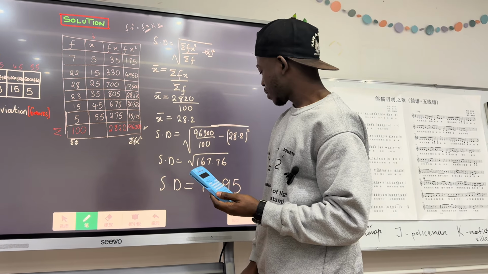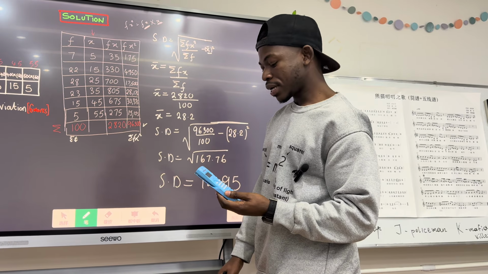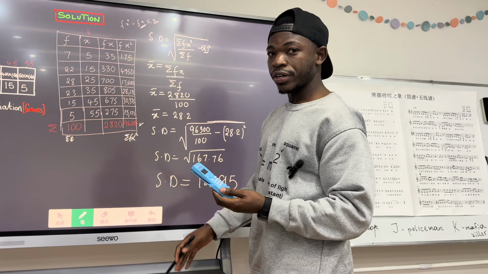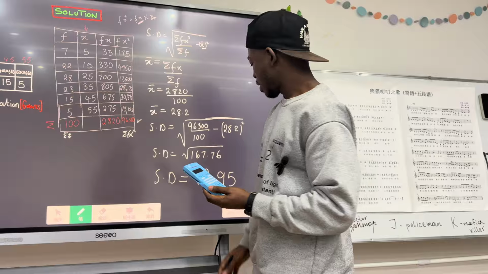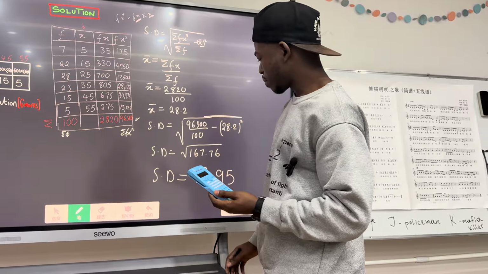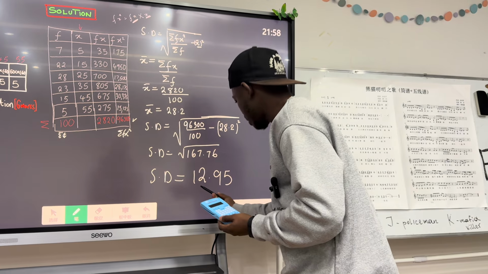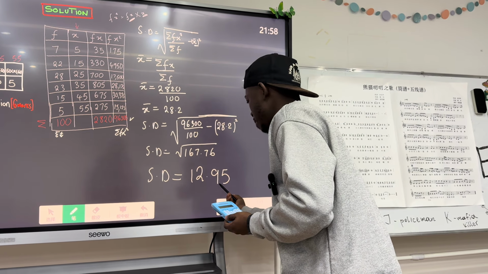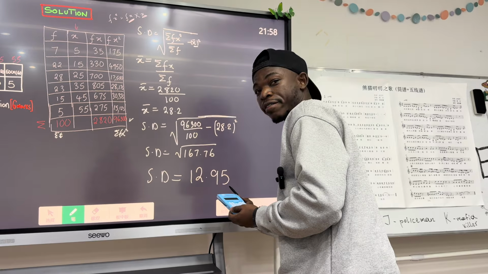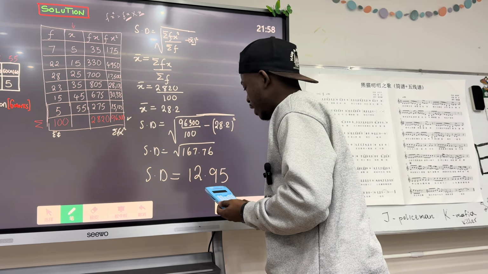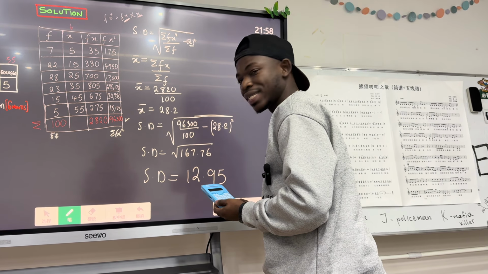But usually the examiner asks you to say, if the answer is not exact, you should leave it correct to 3 significant figures. This could still be correct, but if you want to leave it correct to 3 significant figures, you can count 1, 2, 3. But after 9, what do we have there? 5. So we add 1 to 9, so it becomes 10.